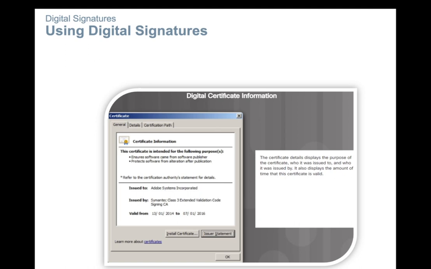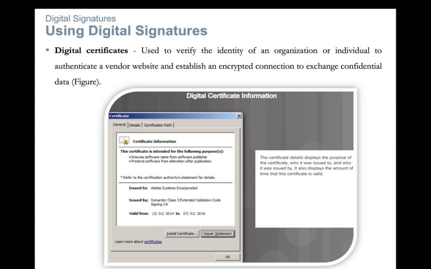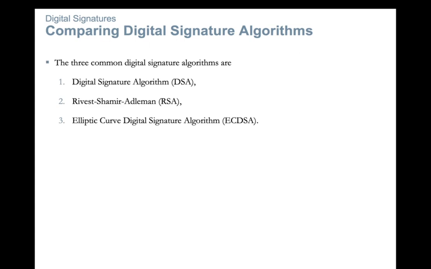Now let us see comparing the digital signature algorithms. The three common digital signature algorithms are: one is the digital signature algorithm, DSA; another is the Rivest Shamir Adleman or RSA algorithm; and another is the elliptic curve digital signature algorithm.